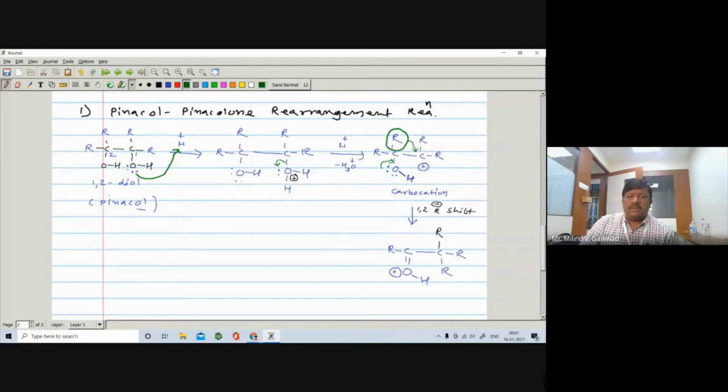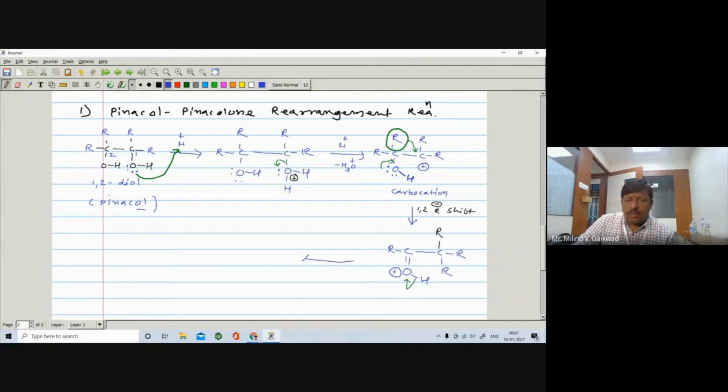And further, the oxygen has the positive charge. So this sigma bond again opens on this oxygen. There is a neutralization of the positive charge. So in the reaction, we have used acid.